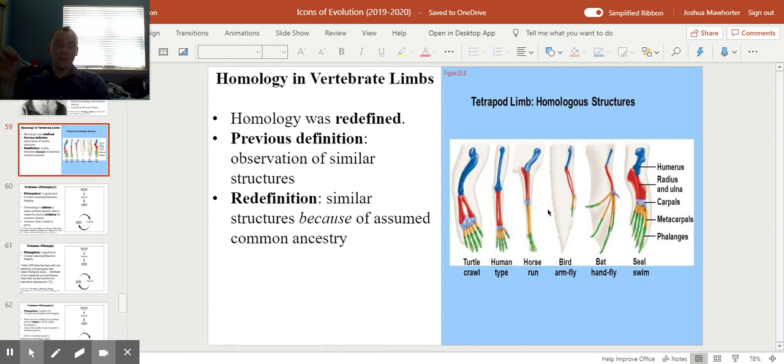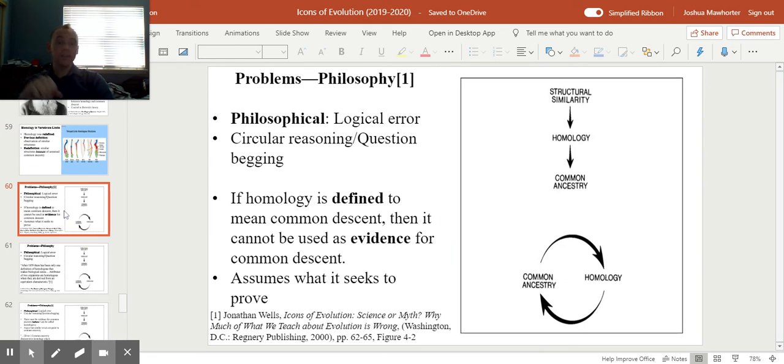What did we look at as evidence? There's a similarity. Well, why is it similar? Because they had a common ancestor. How do we know they had a common ancestor? Because the structures in their descendants are similar. Well, why are they similar? Because they had a common ancestor, and it goes on and on. So this is circular reasoning.